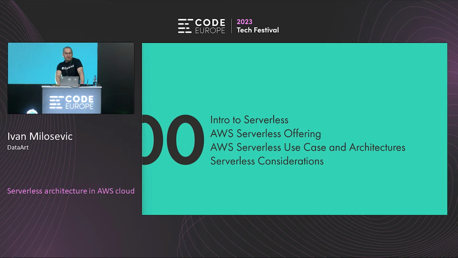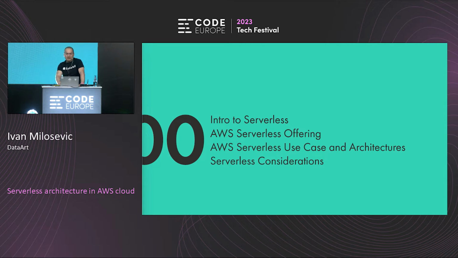What we are going to talk about today is some sort of introduction into AWS Serverless. We will cover some of the best-known AWS serverless offerings. We will see what the use cases are and what kind of architecture can be used for serverless, and also see some considerations.